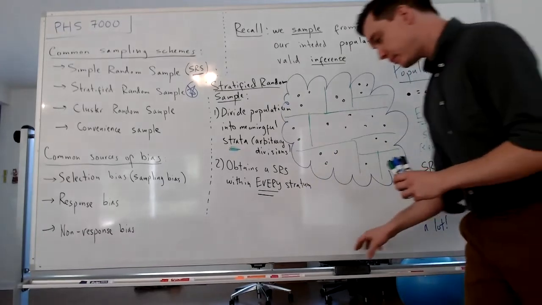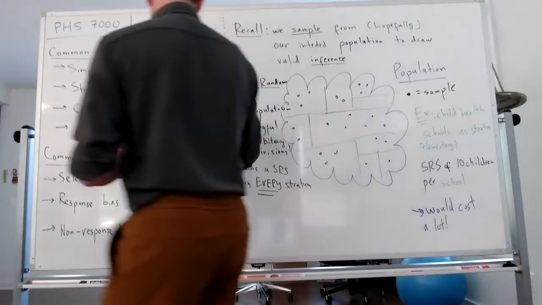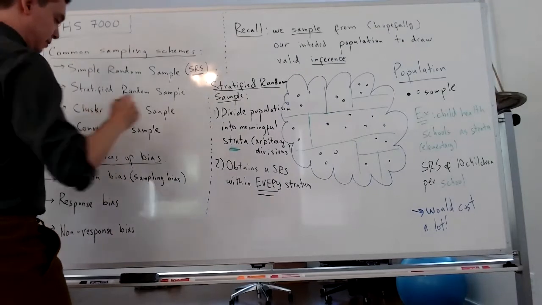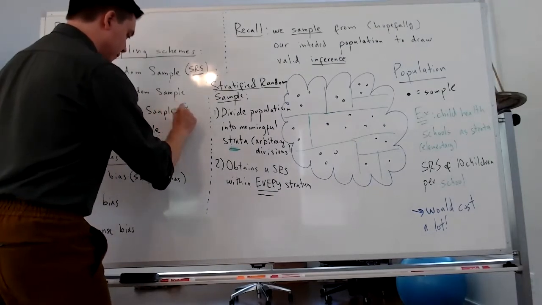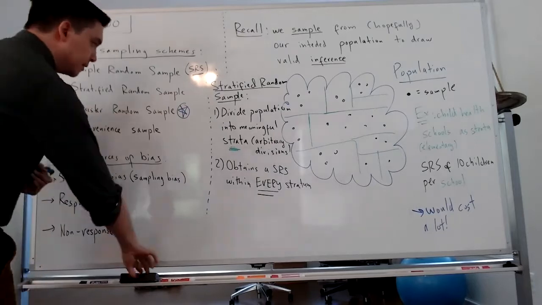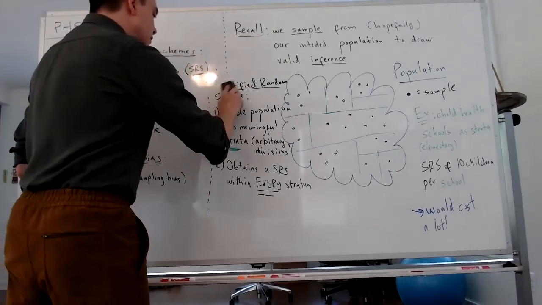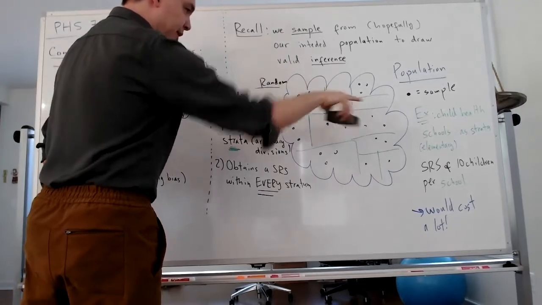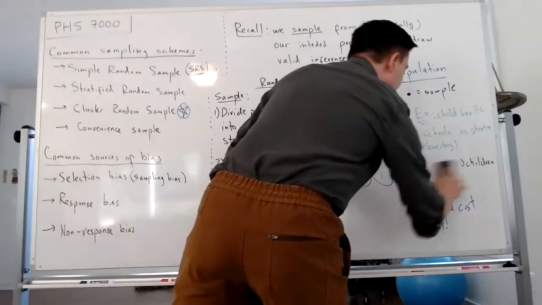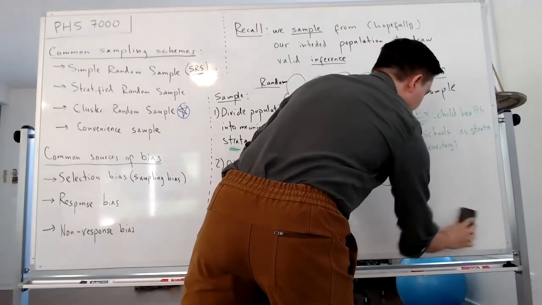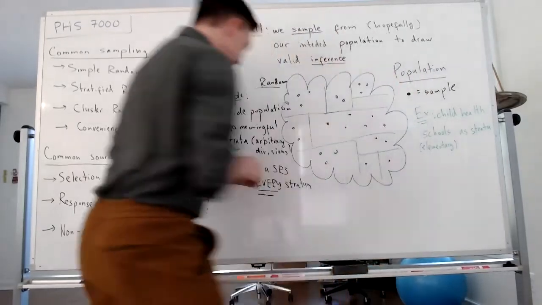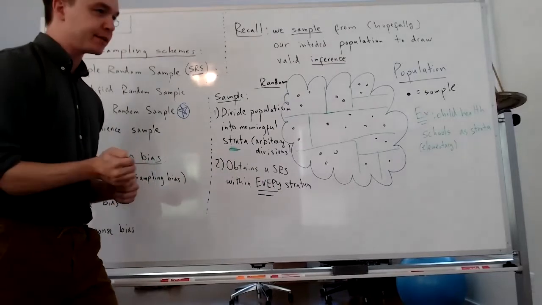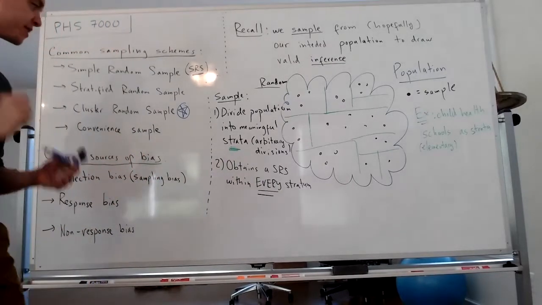Okay. In comes the next type of sampling, and that is cluster random sampling. And we're going to keep our child health example going, because I said, what would be great is if the schools would serve as strata and I would obtain a small sample of children from every single school.